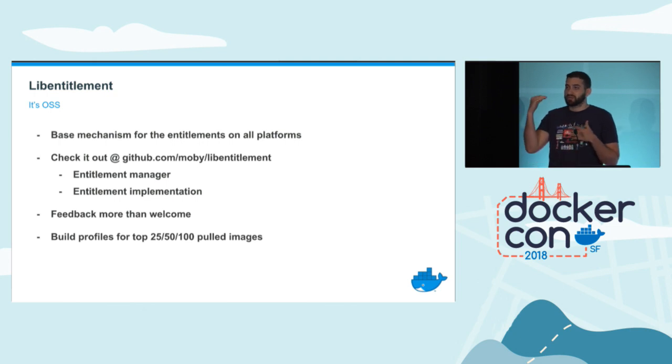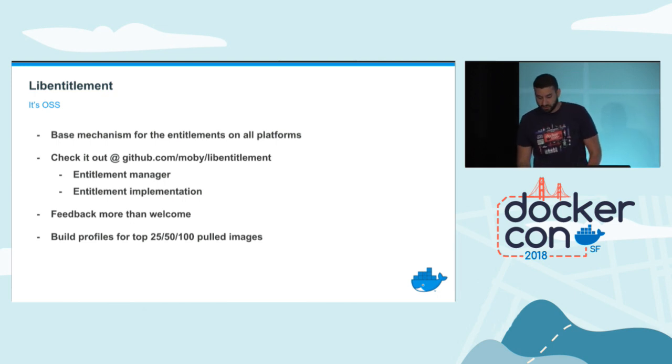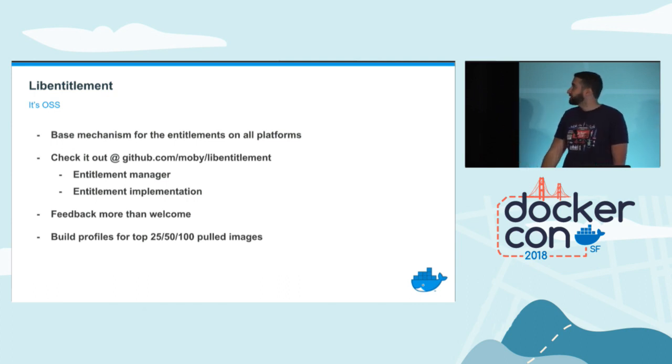So an entitlement is each one of the permissions with its own translation into OCI level configuration, and AppArmor profile generation, etc. So you have a full AppArmor profile generator inside the repository, for example.